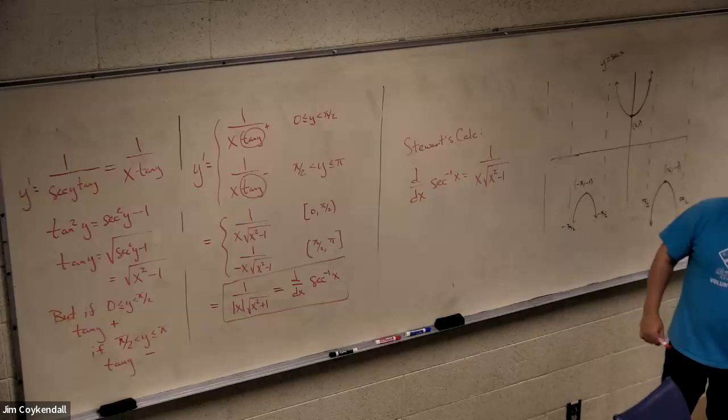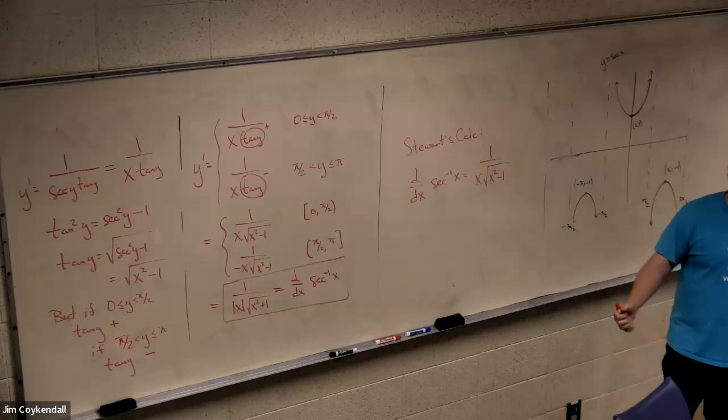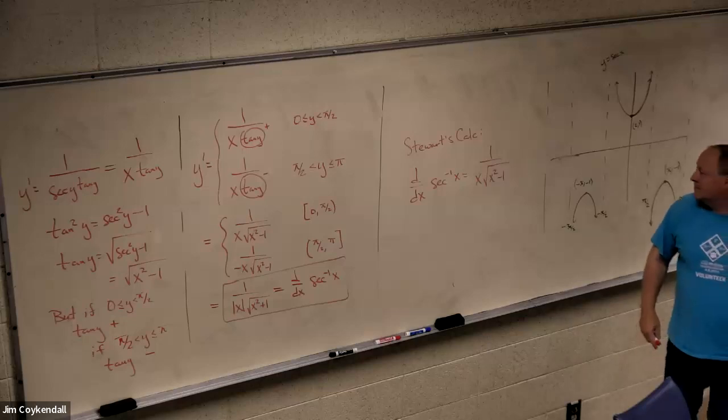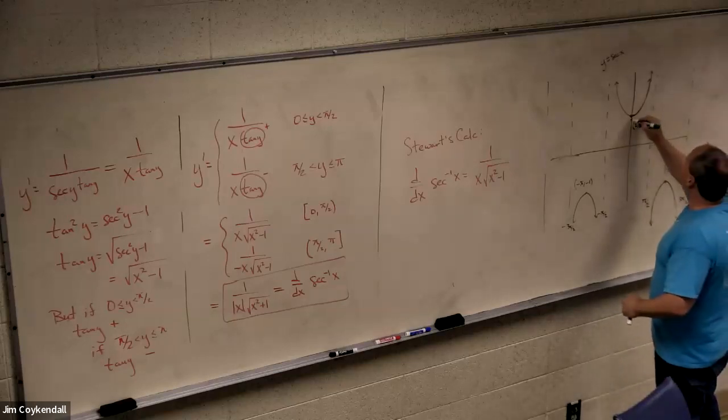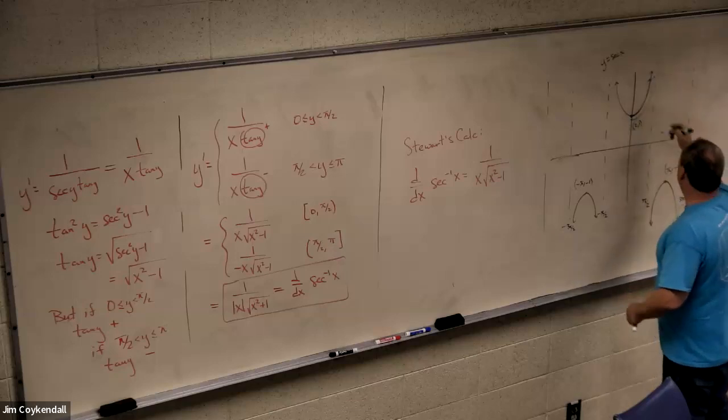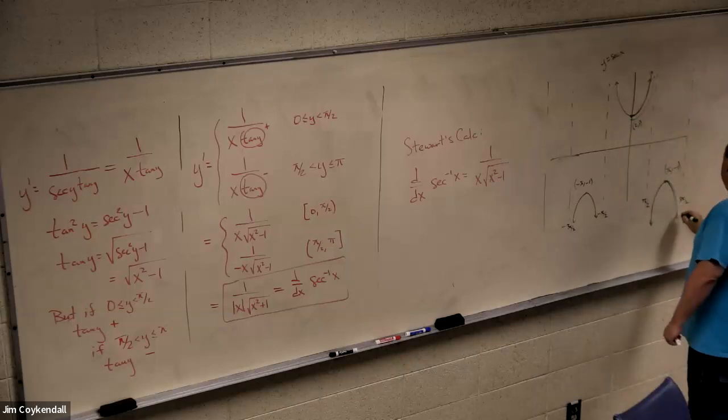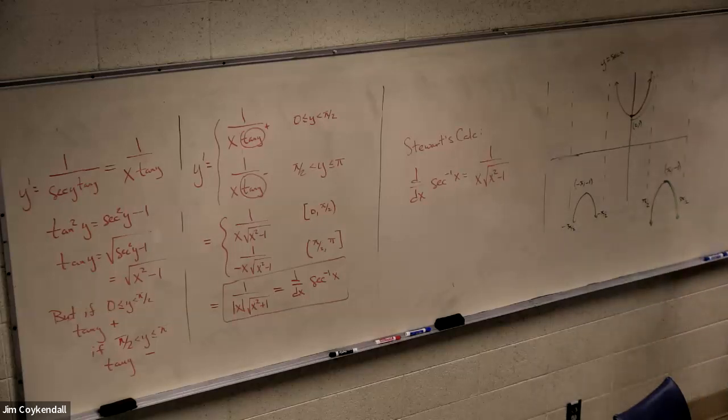Stewart wrong is the only possibility, because I derived that. Why does Stewart give a different answer? Because Stewart used a different definition for the secant inverse. In the Stewart book, they use this piece and this piece. So instead of the two reds, they use this red, green, and this piece.